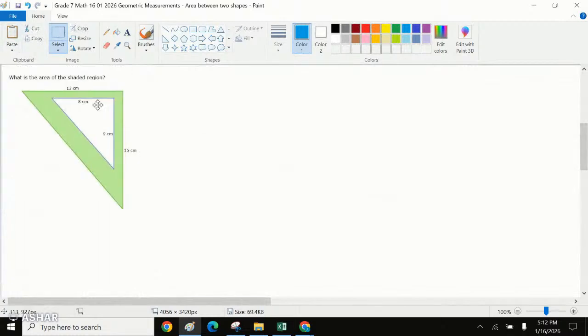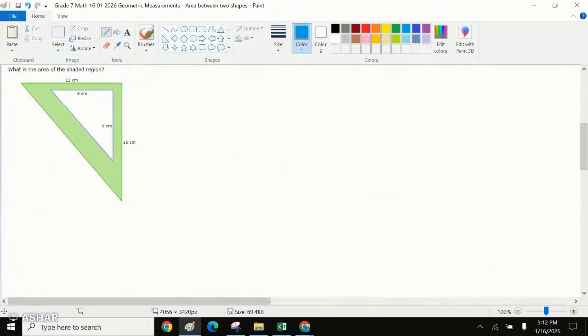If this is given as question number 5, find the area of the shaded region. So can we say that we have a larger triangle?